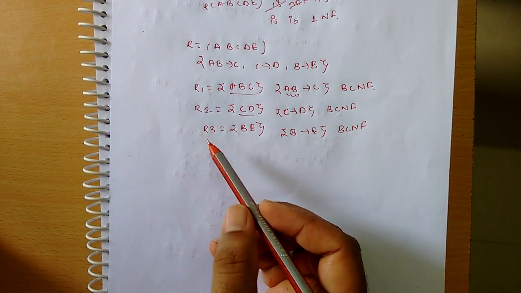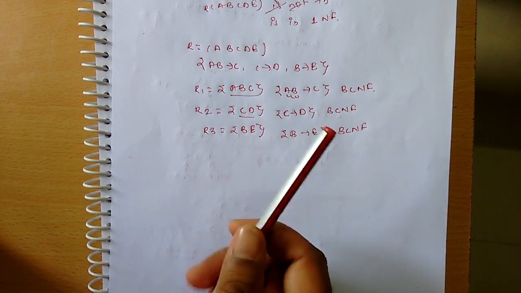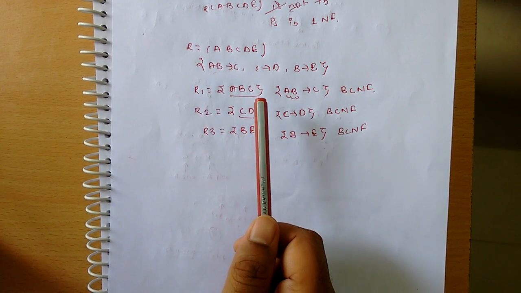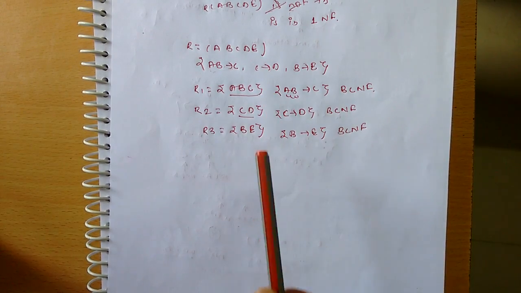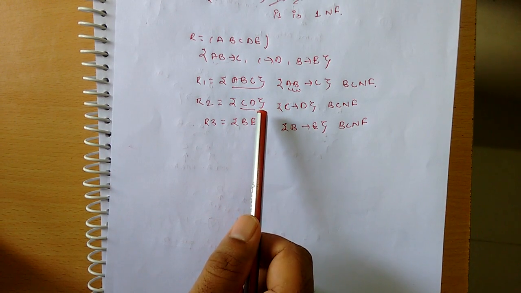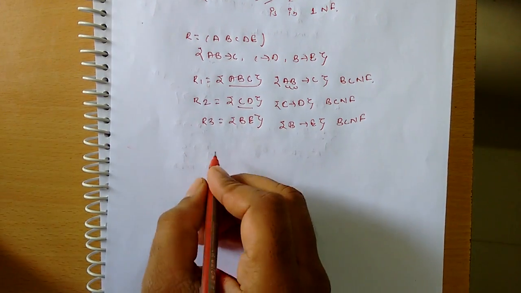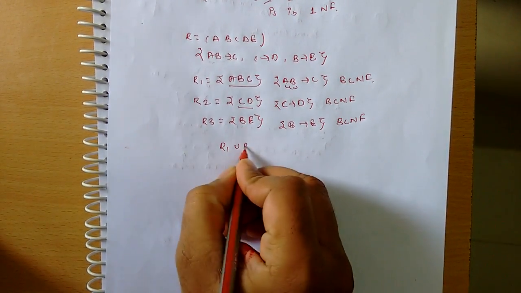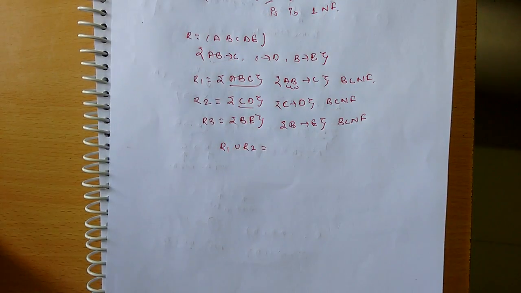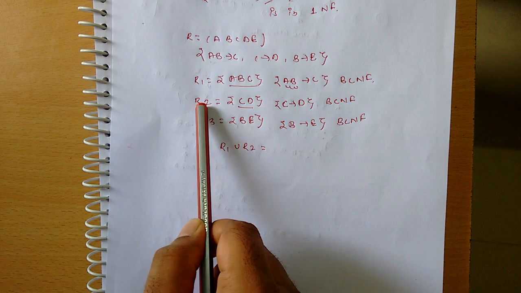And what is lossless join? Lossless join says that if we decompose a relation into sub-relations and do a pairwise comparison, a common attribute should be a super key of one of the relations. See, if we combine R1 and R2, then C is common between both relations, and C is the super key of R2.